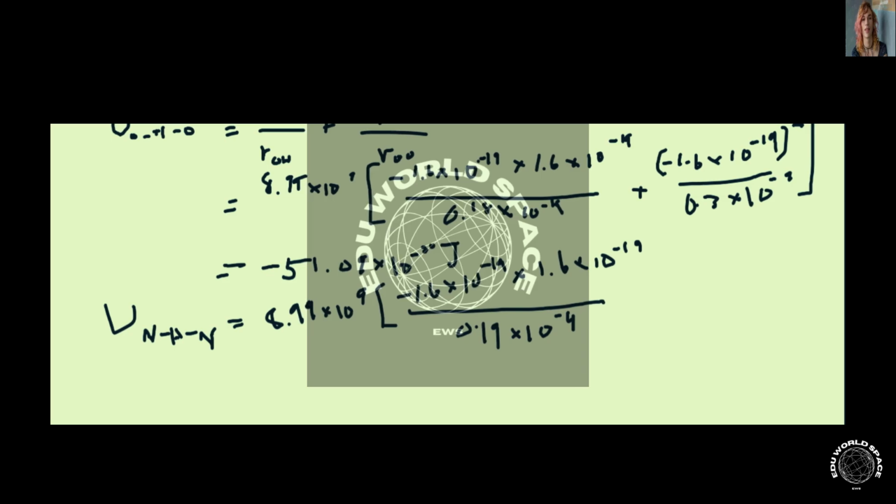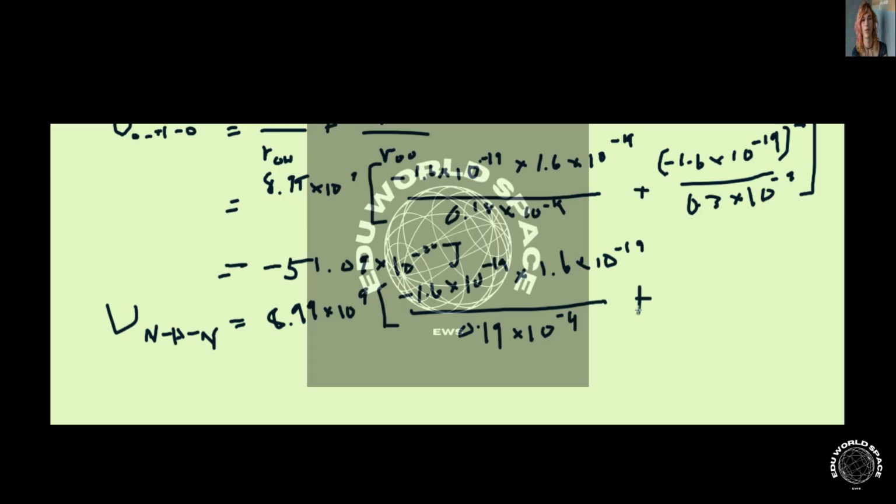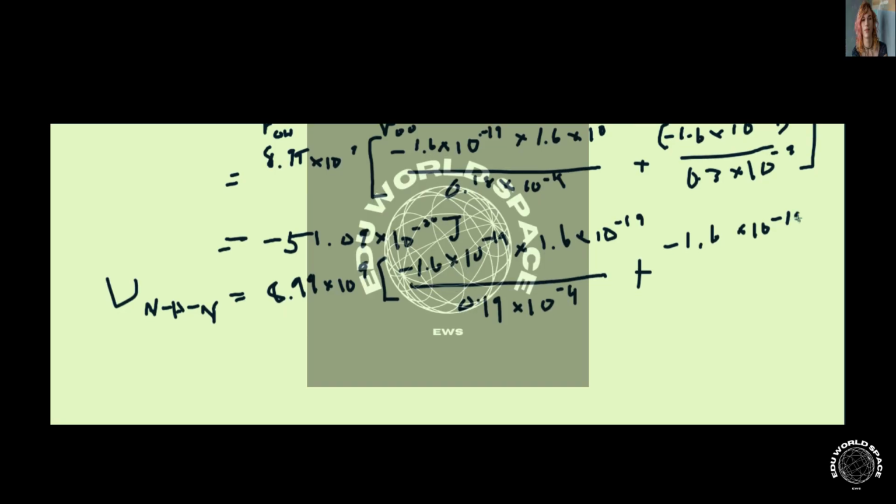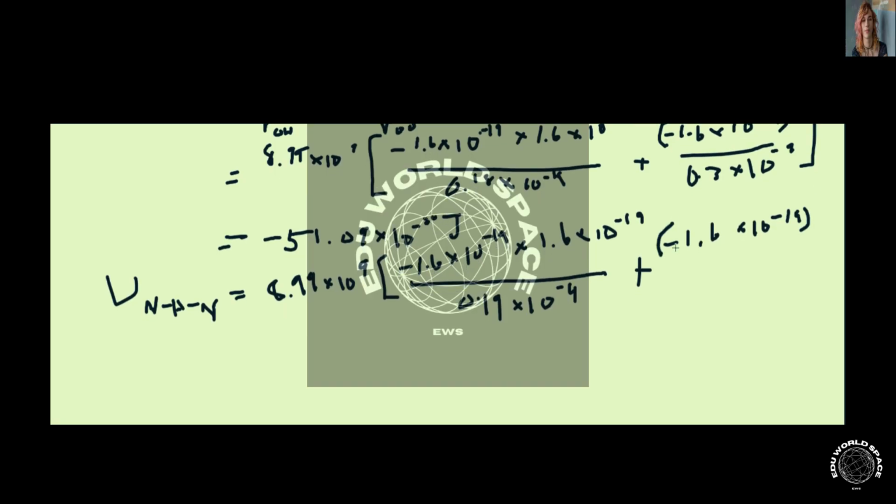And this is plus the potential of the two nitrogen bonds, which is once again negative 1.6 times 10 to the negative 19. And since it's two nitrogen bonds, we can just square it, since the charge is the same and they're just multiplied by each other. Once again, this is over 0.3 times 10 to the negative 9.